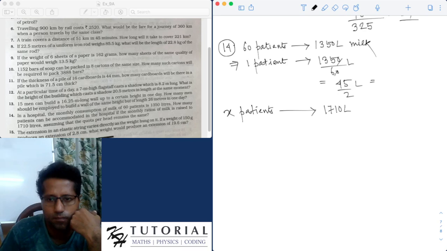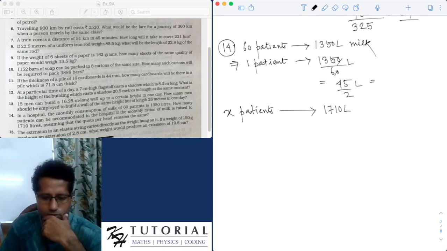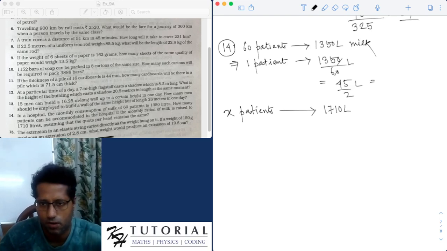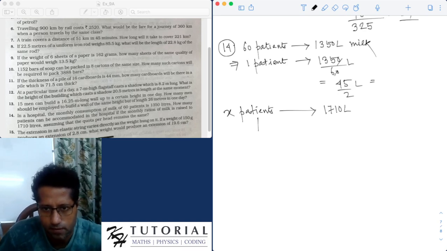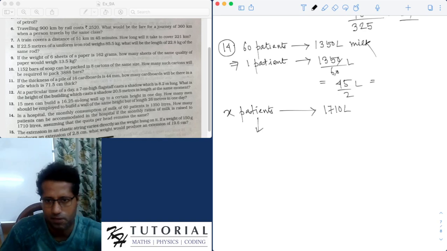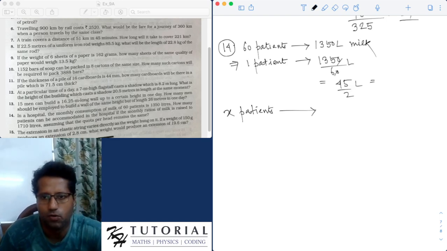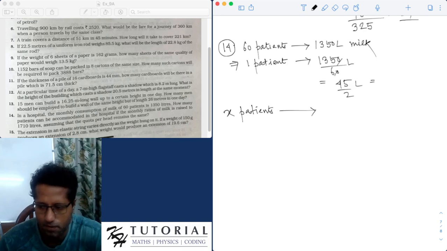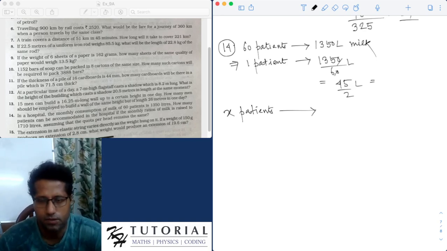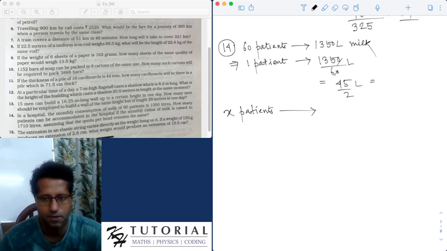We know that the consumption of milk per head is the same, which we have already found to be 45 by 2 liters per patient in 1 month.